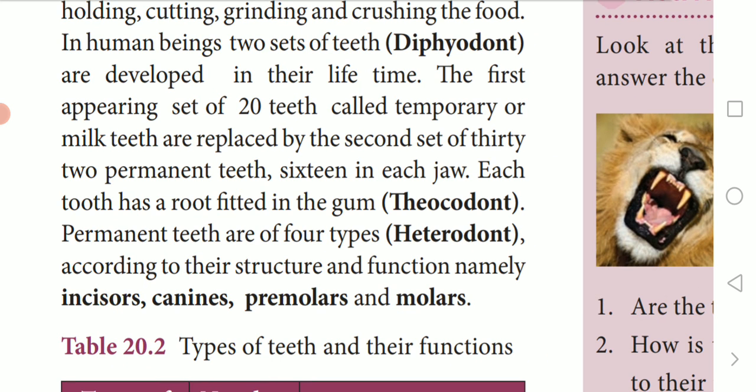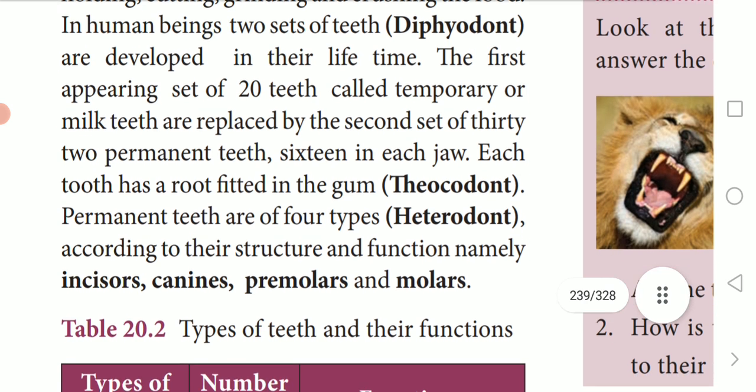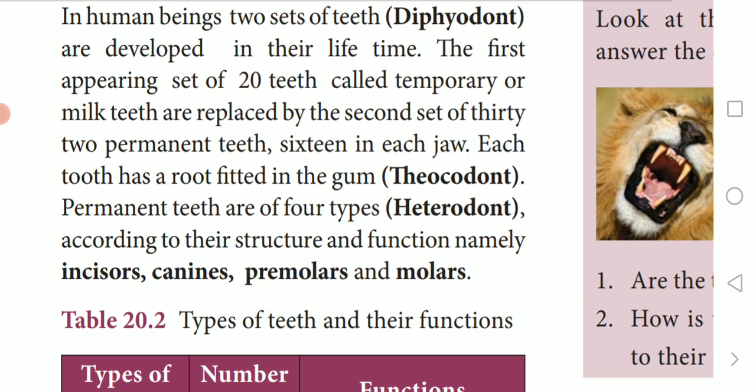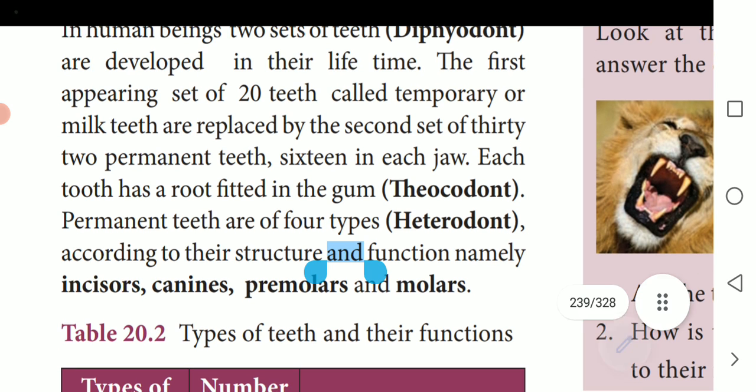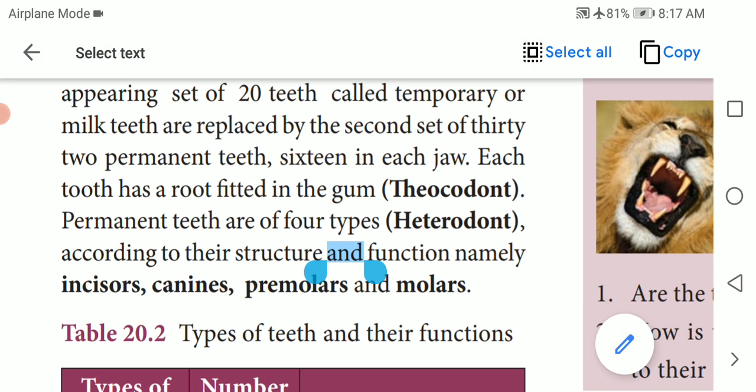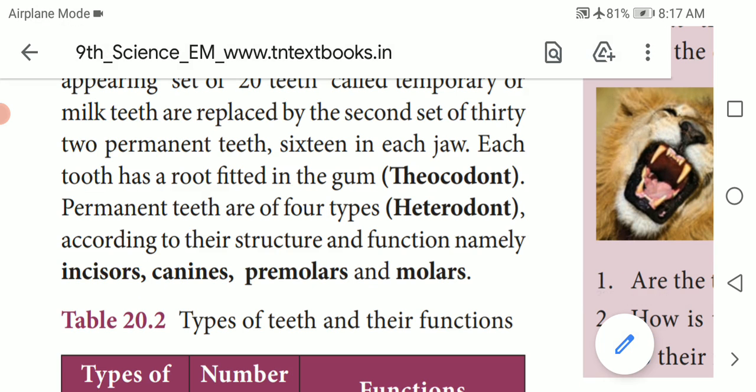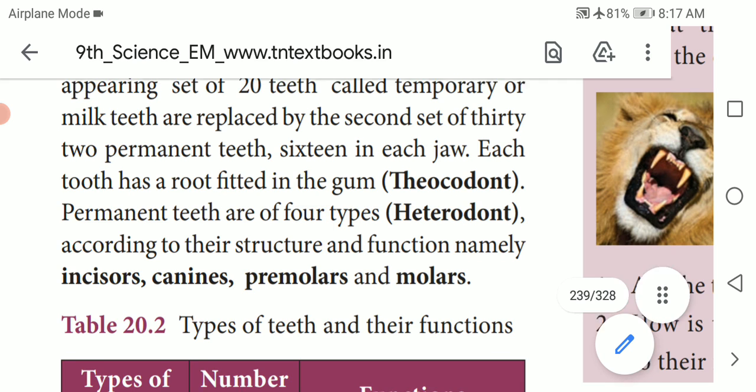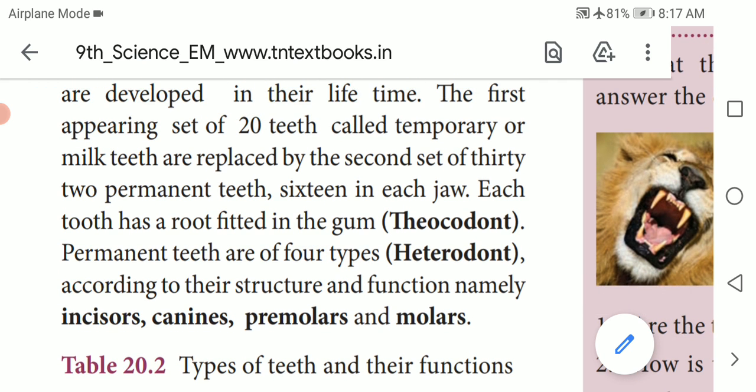The 32 permanent teeth are there, 16 in each jaw. Each tooth has a root fitted in the gums. Gums means the tissue that holds the teeth.